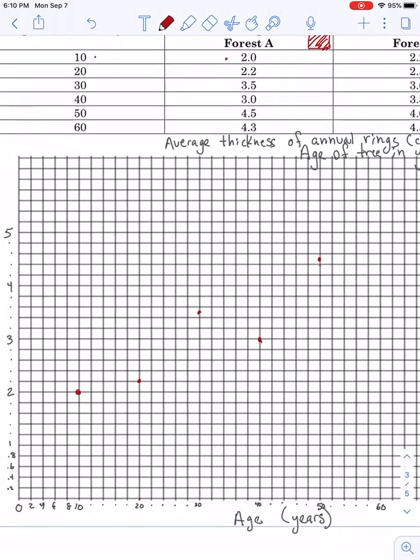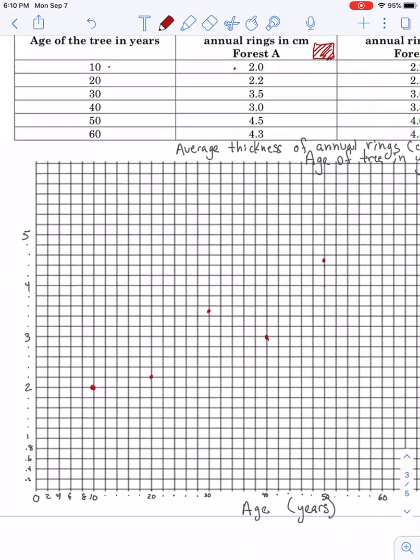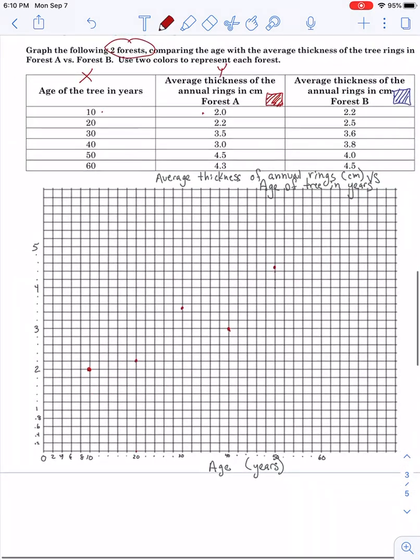If you zoom in a little bit, so there's 50, 4.5. And then finally 60 is 4.3.